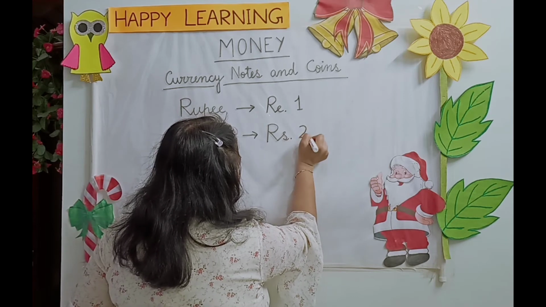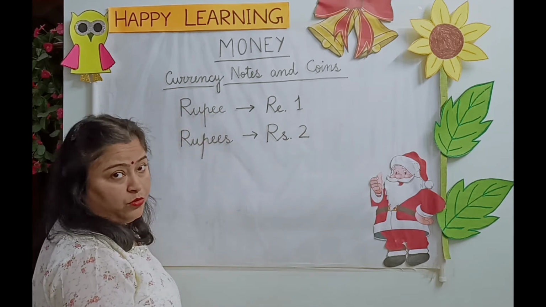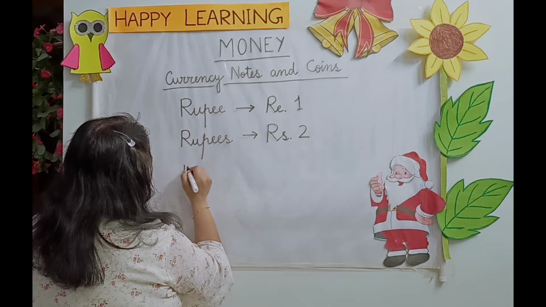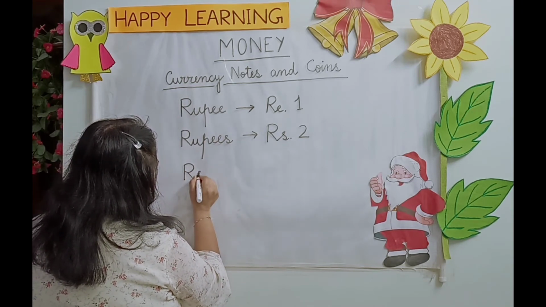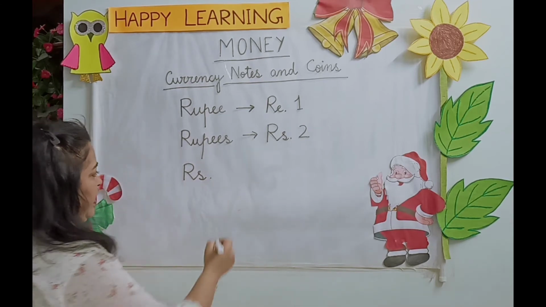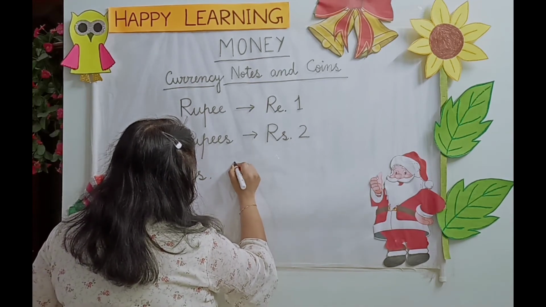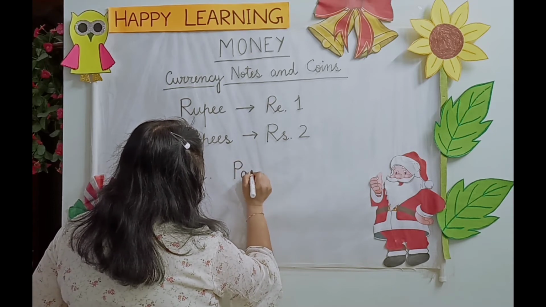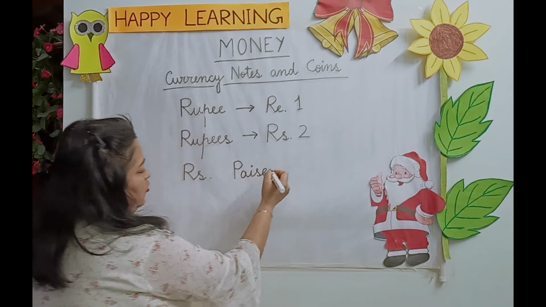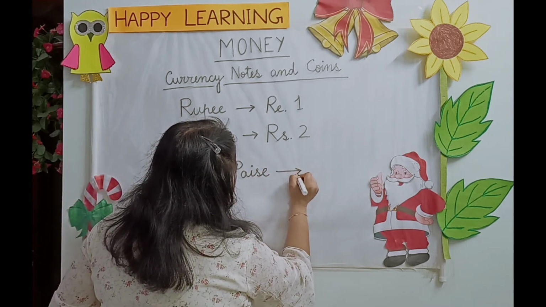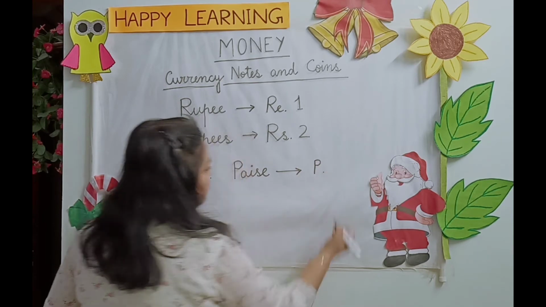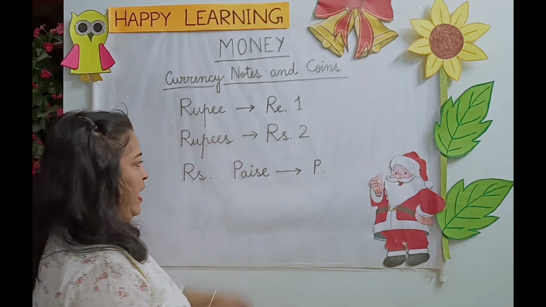RS.2, rupees 2. So we can write rupees in short like this, RS. And for paise, P-A-I-S-E. Paise, we denote it like this. P for paise. Okay.